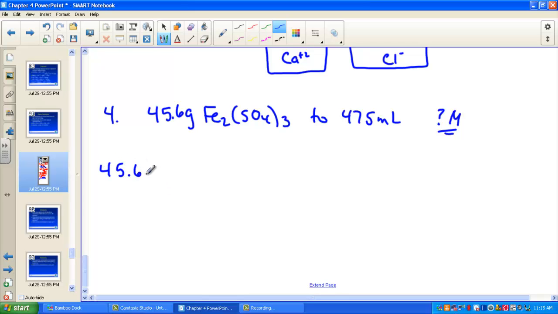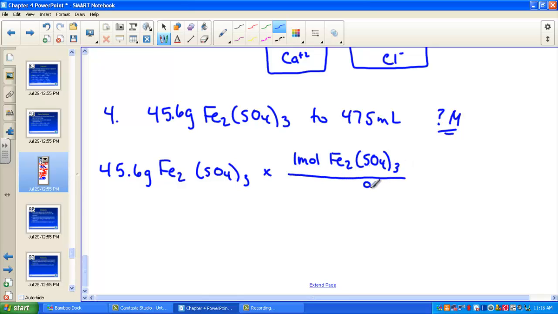Let's begin by finding our mole value of our solute, iron 3 sulfate. Given a mass, I need the formula weight, or the molar mass, as my conversion factor. I need to add up the weight of 2 irons, 3 sulfurs, and 12 oxygens to find the molar mass of our compound.